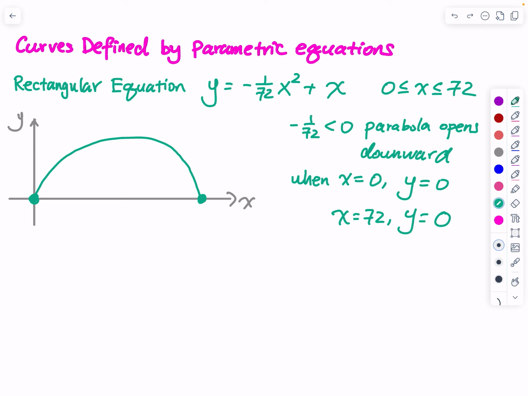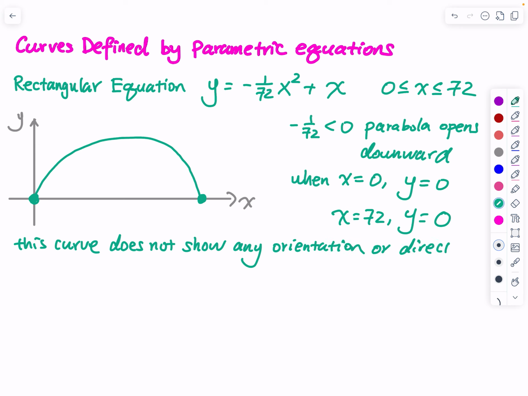Okay, so I will say this curve does not show any orientation or direction. What is orientation?